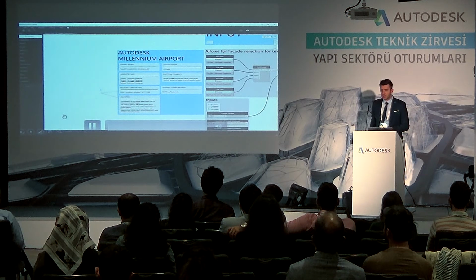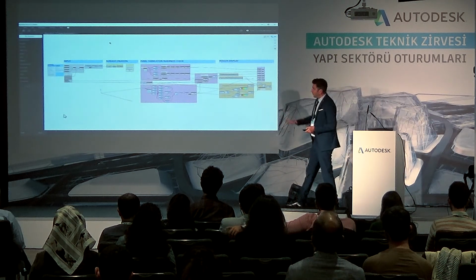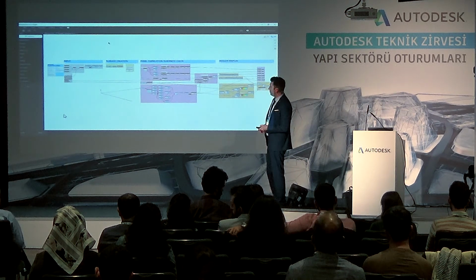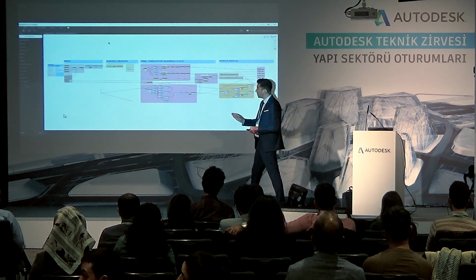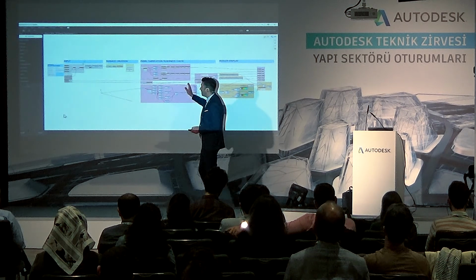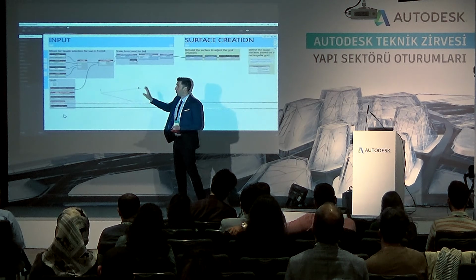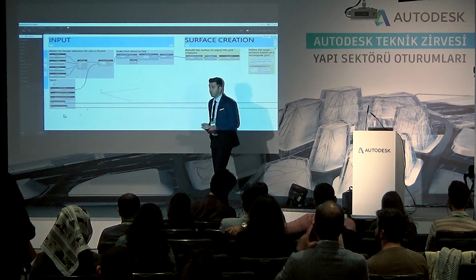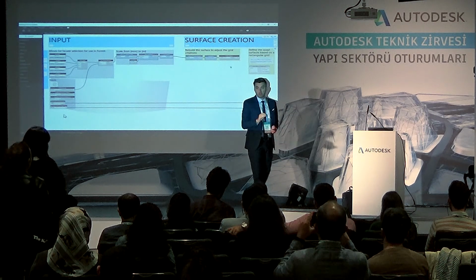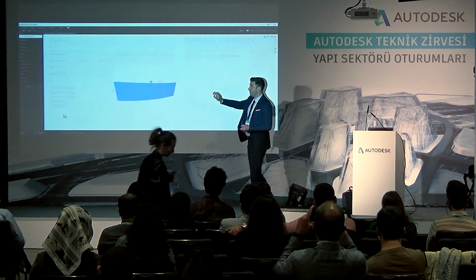Okay, so this is the Dynamo interface. I know it looks a bit complicated, but it's actually broken down into several steps, and each step of Dynamo is performing a different operation. So Dynamo is actually a visual programming tool. Basically, you don't see any scripting there. You see nodes.